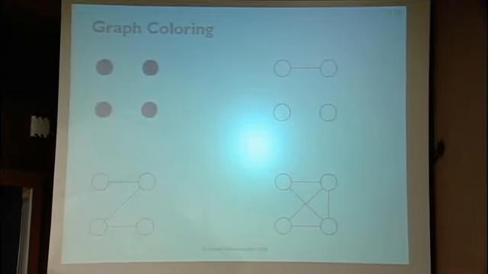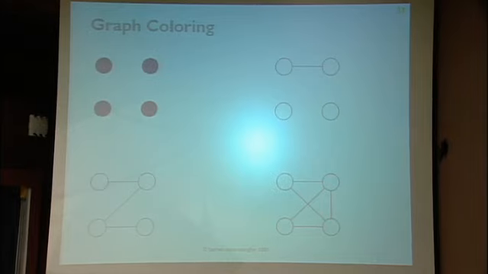That means there's nothing. How many colors for this one? 2 colors. How many colors for this one? People say 2 colors. Yes, you can color it with 2 colors. How many colors for this one? 3 colorable.